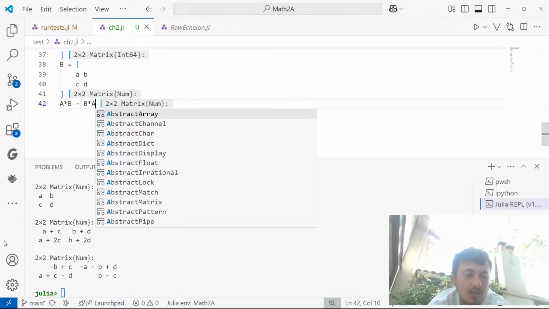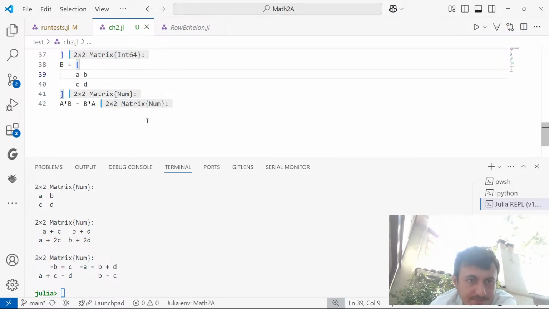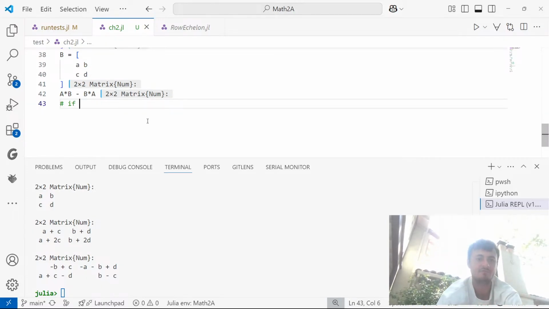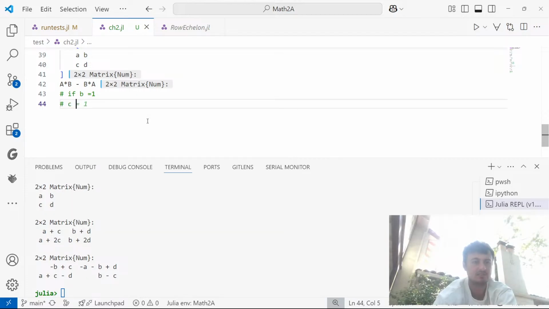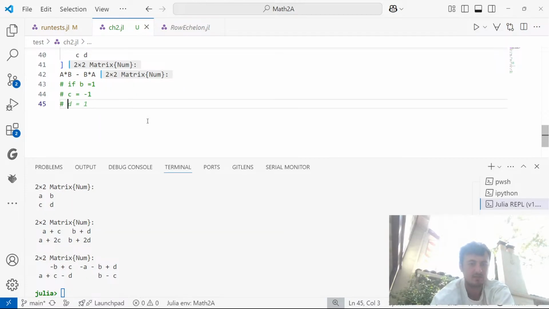Let's just plug in 1 for B. So if B equals 1, then we get C is equal to minus 1. So then we get minus A minus 1 plus D equals 0.